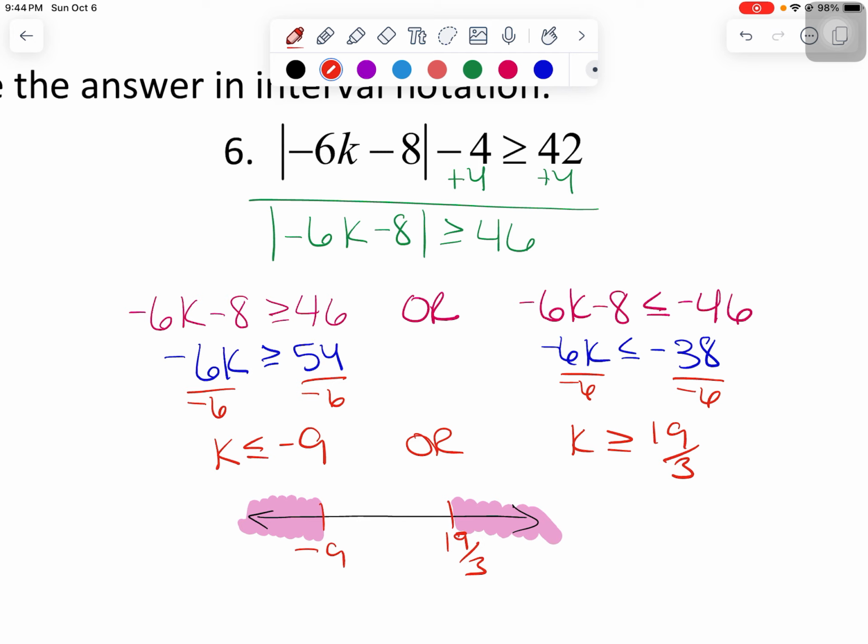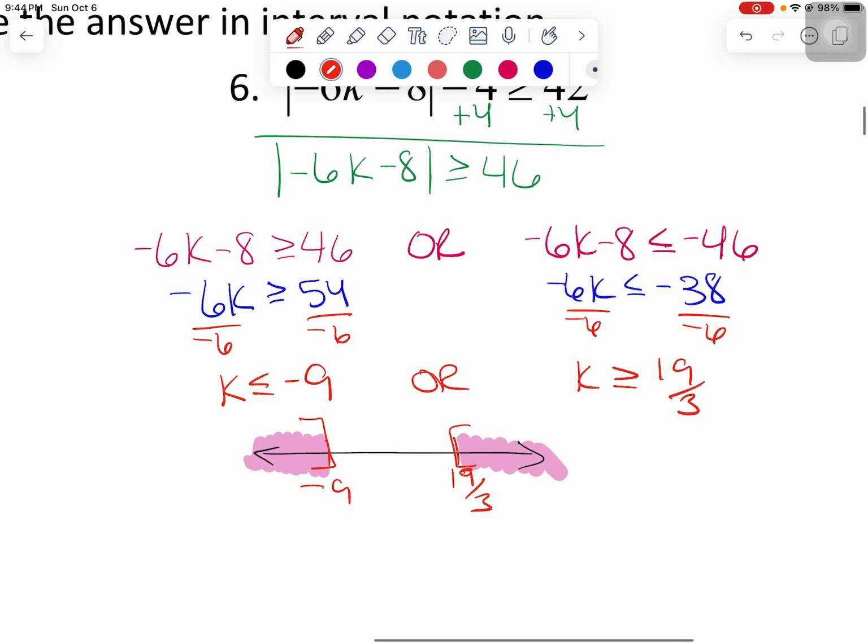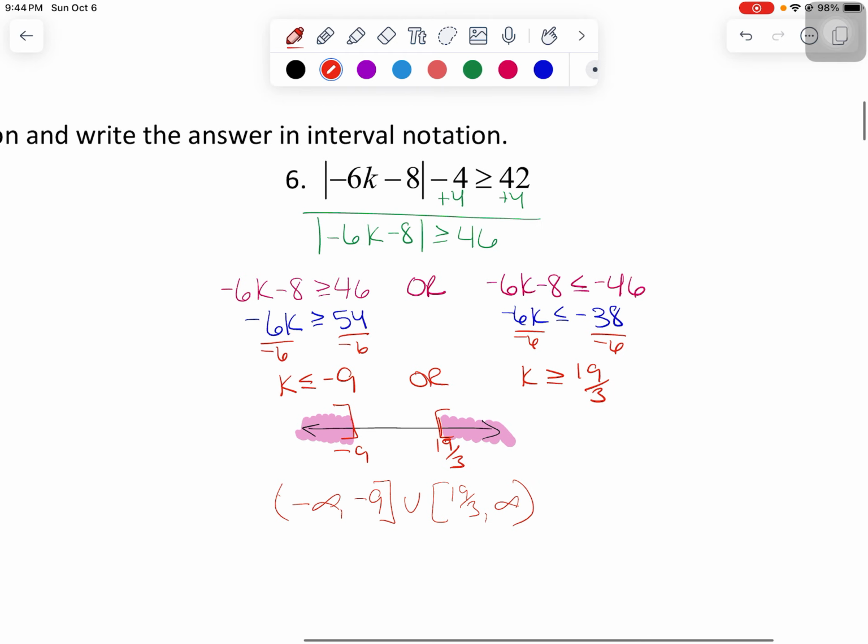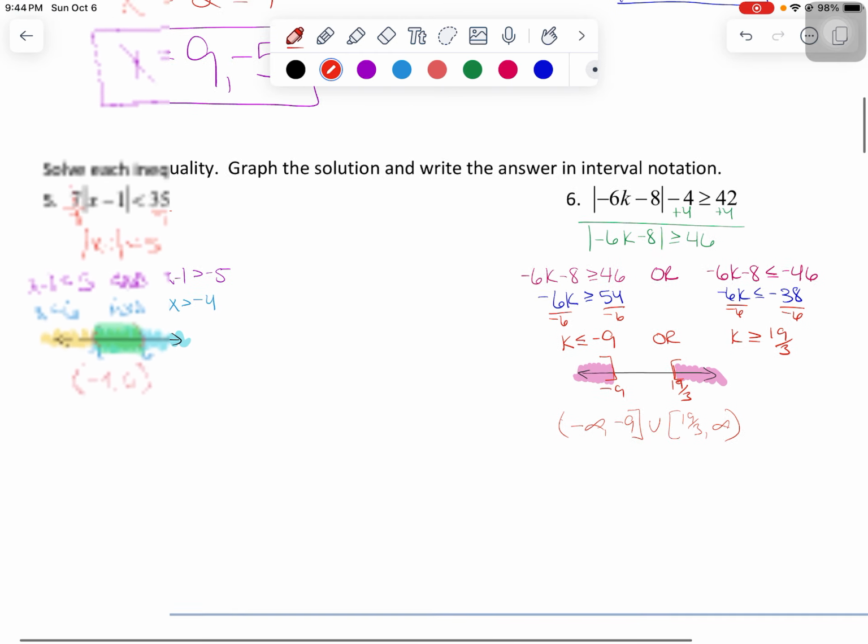Both of these will take brackets. There's an equal to component. Slide this up a touch. So shading starts at negative infinity, stops at negative 9. Bracket here. And the shading picks back up at 19 over 3 to infinity. All right, we solved it, we graphed it, we wrote it in interval notation. So let's see, 5 and 6.